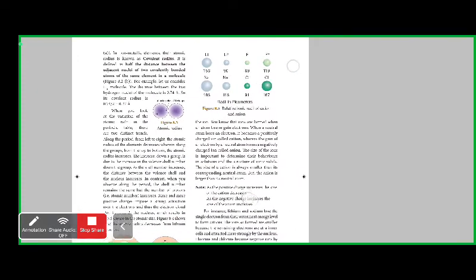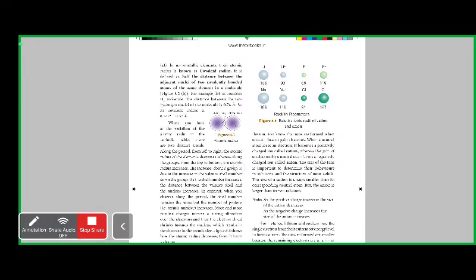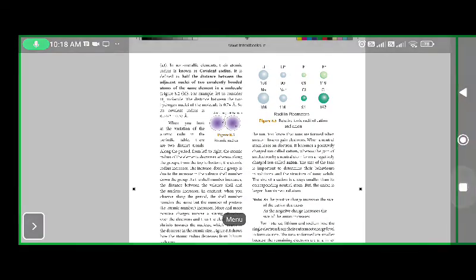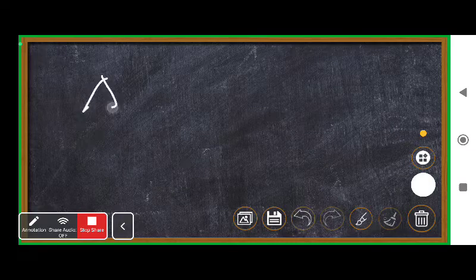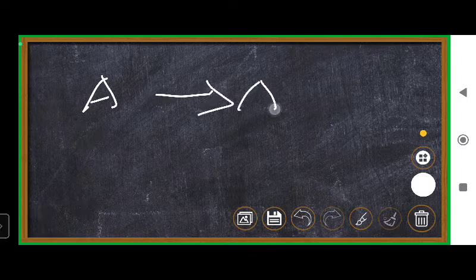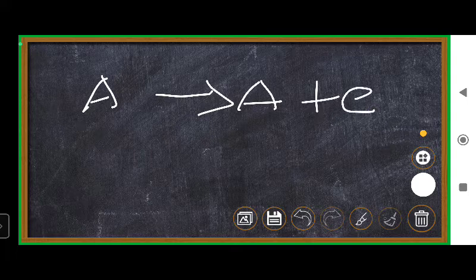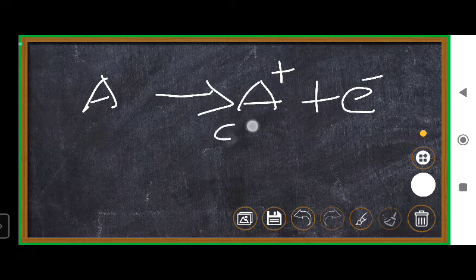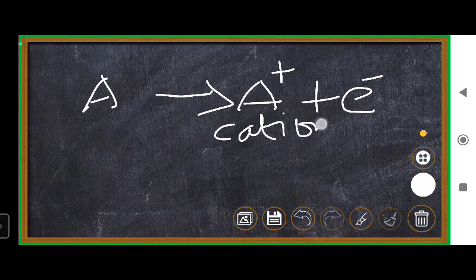Now, yesterday I told you how you get a cation and an anion. When an atom gives its electron, it becomes positive. So we call this a cation.